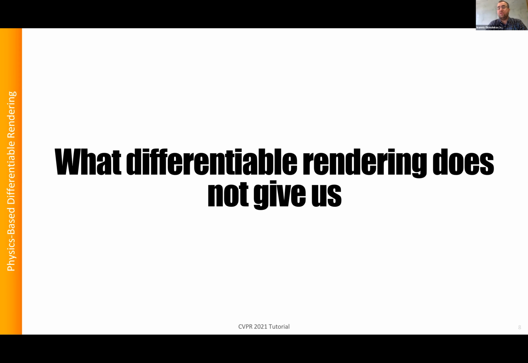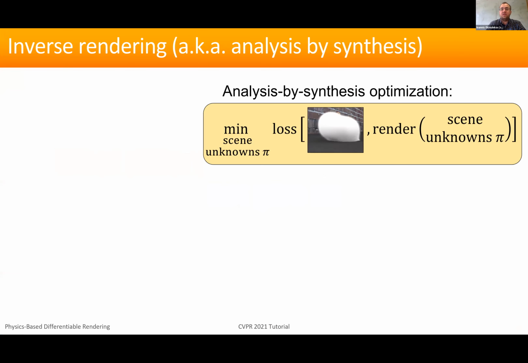So things that we still need to research and investigate before we can use these techniques for different computer vision tasks. And I'll discuss this in the context of inverse rendering or analysis by synthesis applications. As Xuan mentioned earlier, differentiable rendering can also have other applications, such as integration into neural network pipelines and so on, but I'll focus on this specific setting.